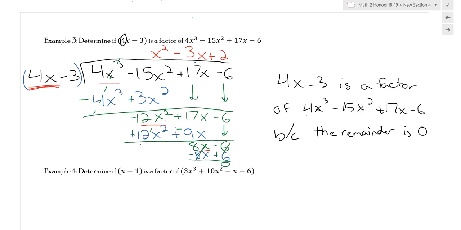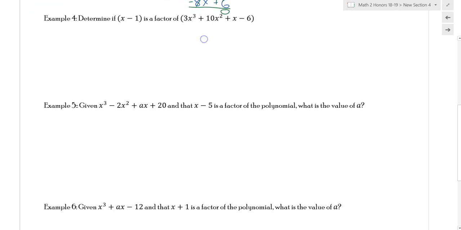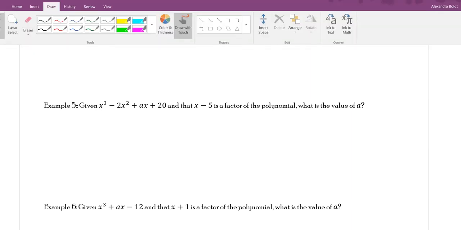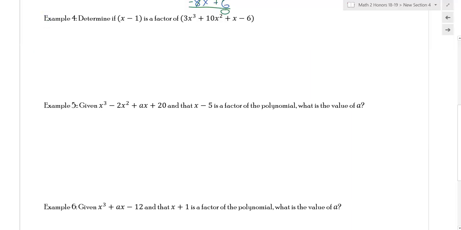Alright, looking at example 4, determine if x minus 1 is a factor of 3x cubed plus 10x squared plus 1x minus 6. Here we can use synthetic. So I'm going to rewrite 3x cubed plus 10x squared plus x minus 6.